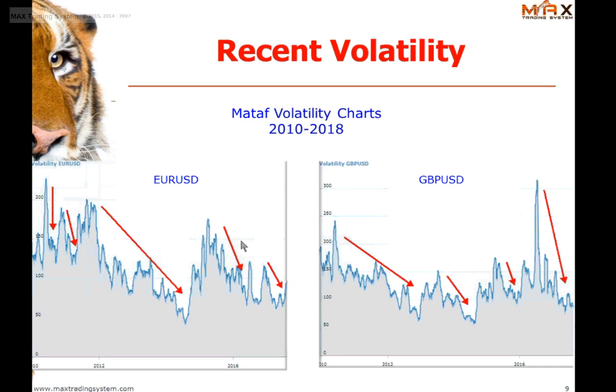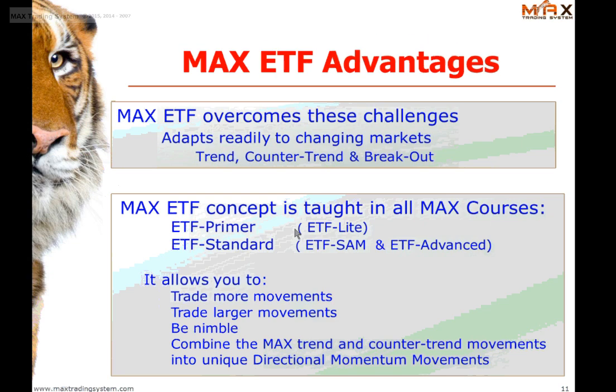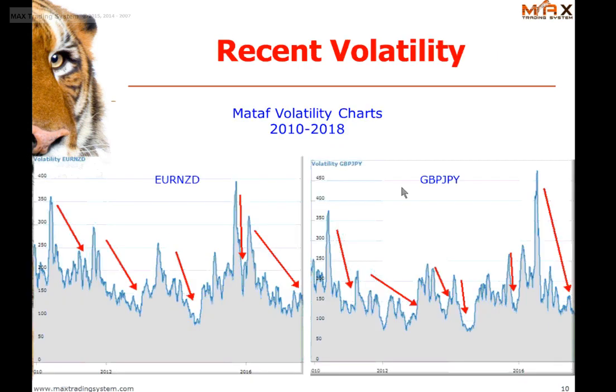You can see on this chart, it's true for the euro US dollar, it's true for the pound US dollar, it's true, in fact, for all the pairs, not only the majors, but also all the crosses like the euro kiwi or the pound yen. So the average daily ranges are cyclical by nature.